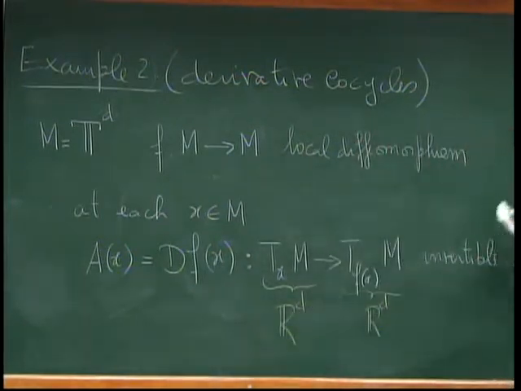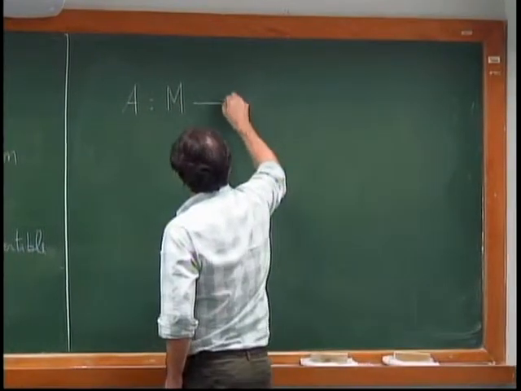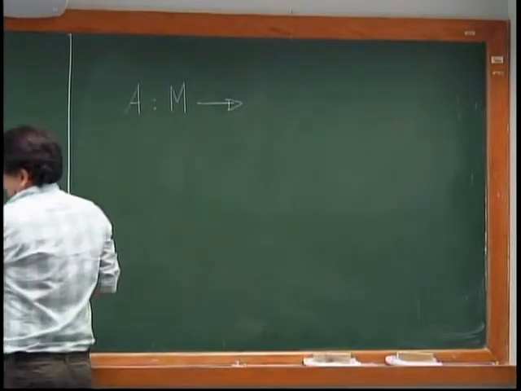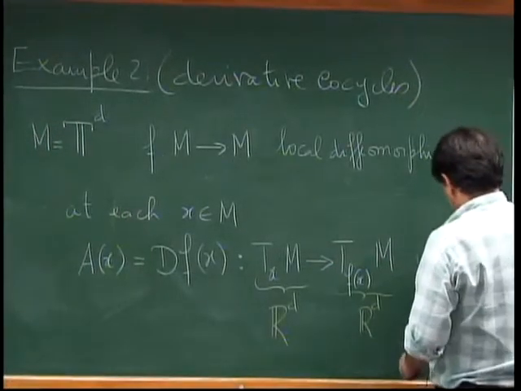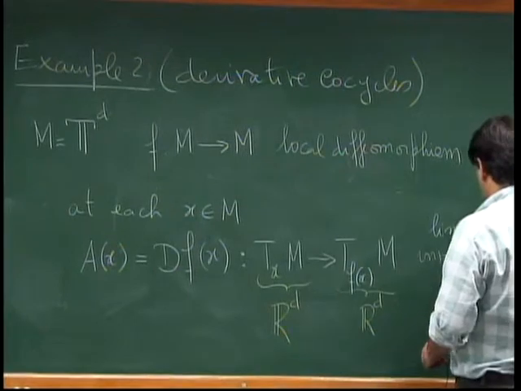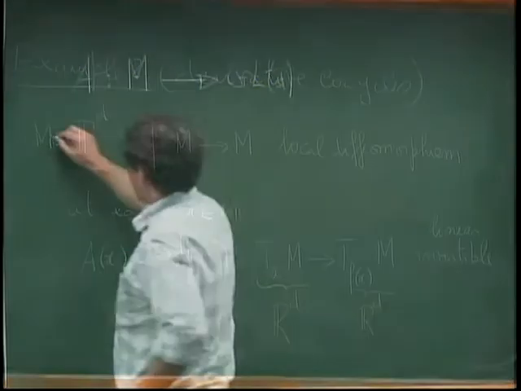Okay? So, what this means is that A is a function from the torus to the space of invertible linear transformations from Rd to Rd, which is just GLD. Okay? So you can consider the corresponding cocycle.